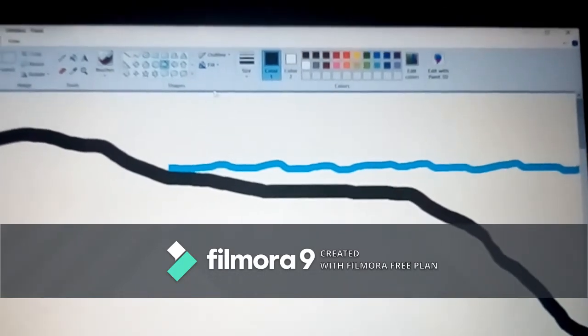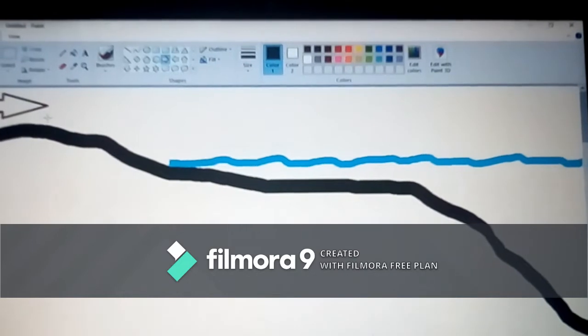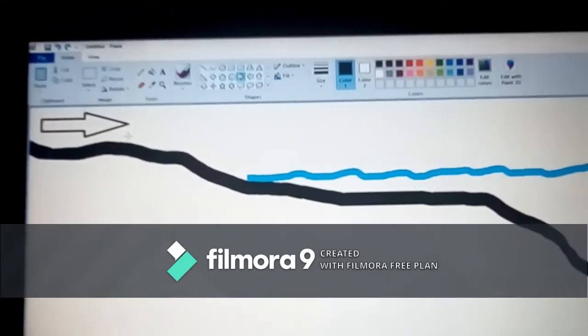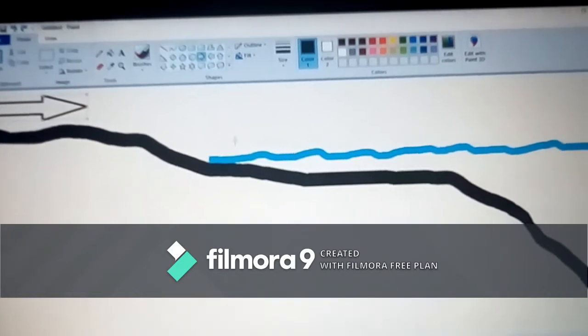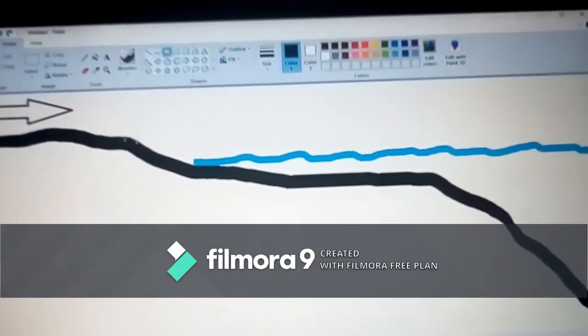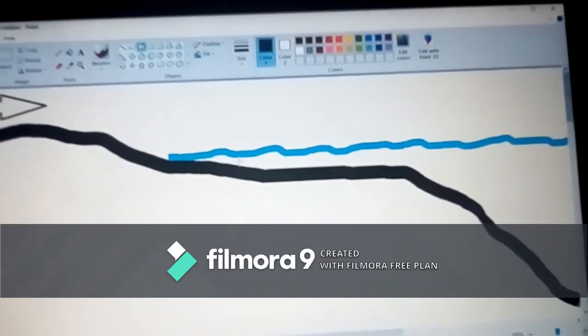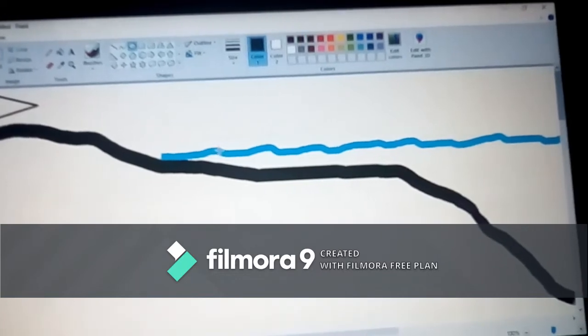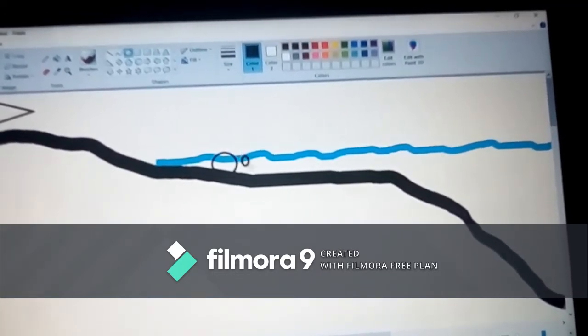Now, if some river carries some sediments from this direction and deposits them in this place, as the river meets the ocean, its energy gradually drops. So first it deposits the coarser particles like that.